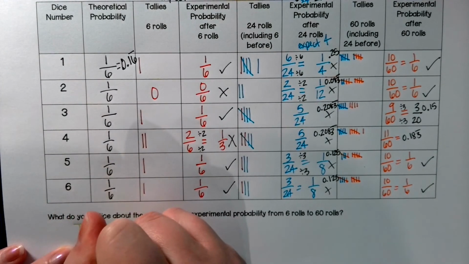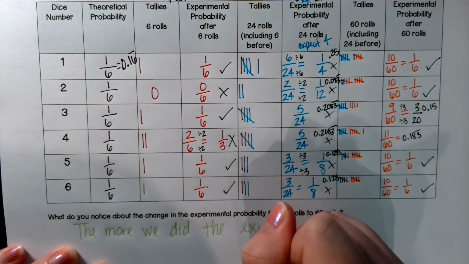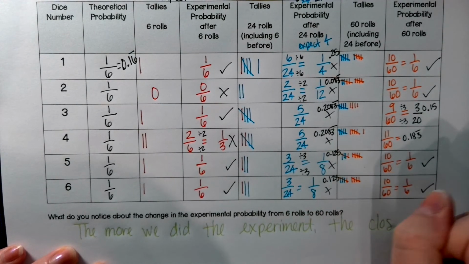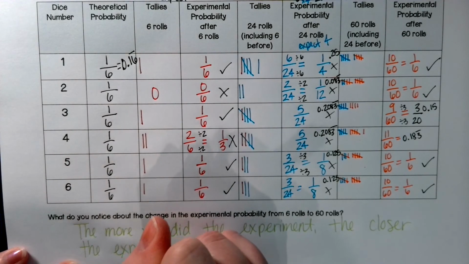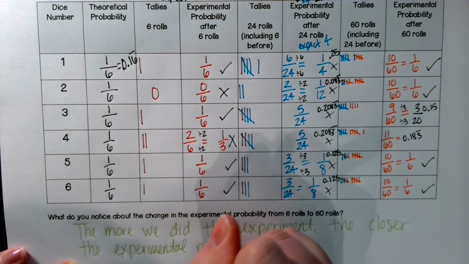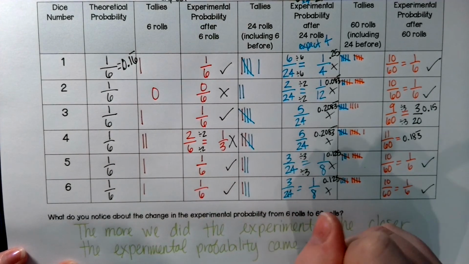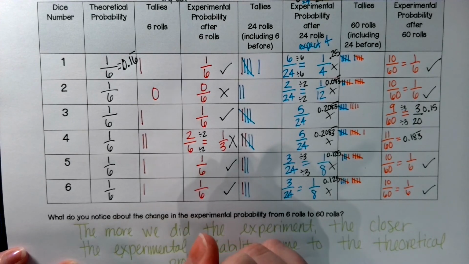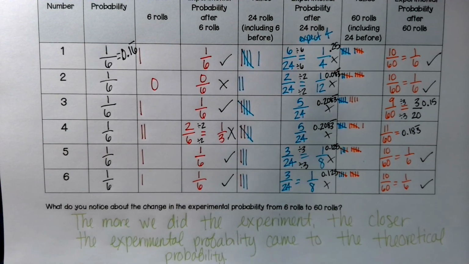The more we did the experiment, the closer the experimental probability came to the theoretical probability. And that's the biggest thing that we want you to take from this unit.